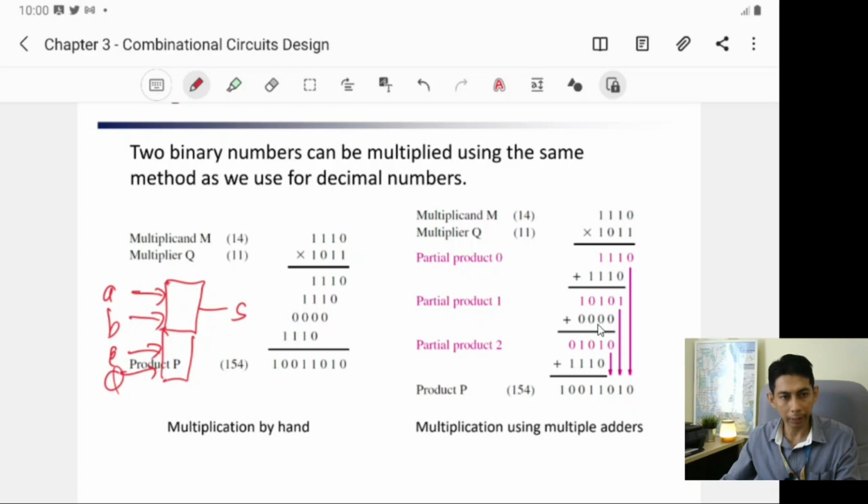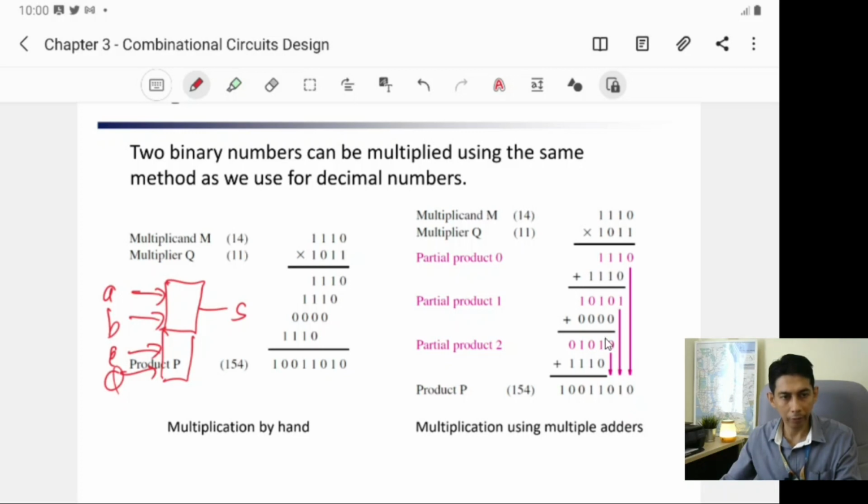And the third multiplication, the third digit, is multiplied by 0 with 0, so we have 0, and again we add first. We add here, we get this, and this one goes to the result. This one also the same: this one plus this one, get this and go to result.